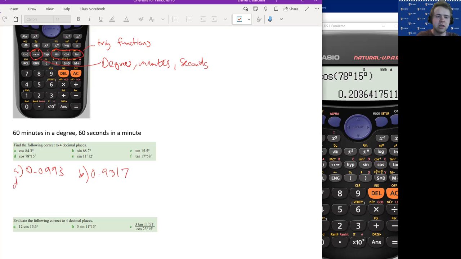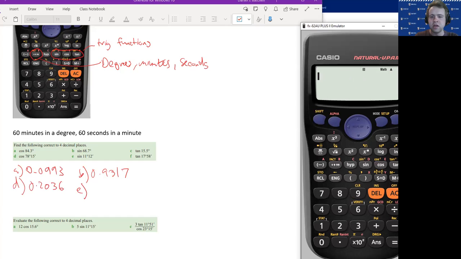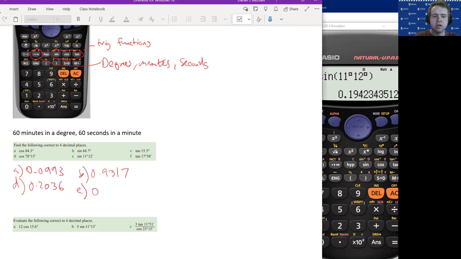We're doing D here. That becomes 0.2036. Then we'll do E as a final example. Sine 11 degrees and 12 minutes, and then equals, and we get 0.1942. So you just press that degrees, minutes, seconds button every time you have your degrees, minutes, or seconds symbol.